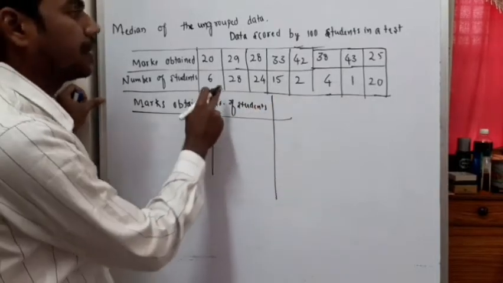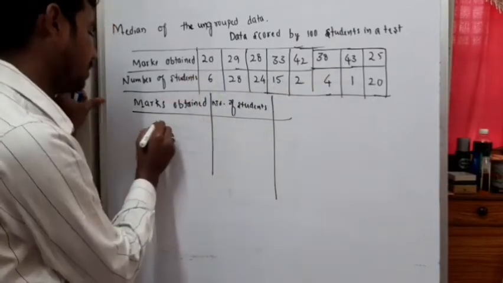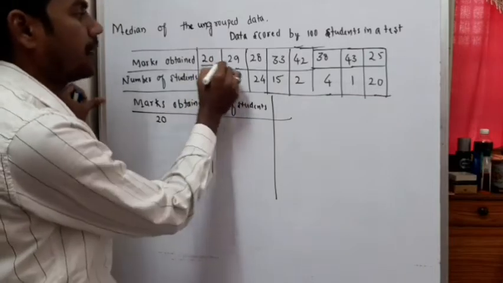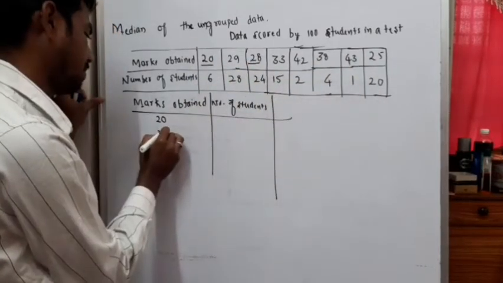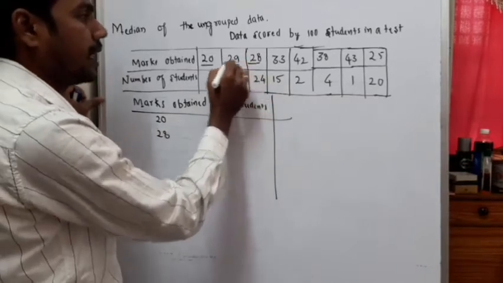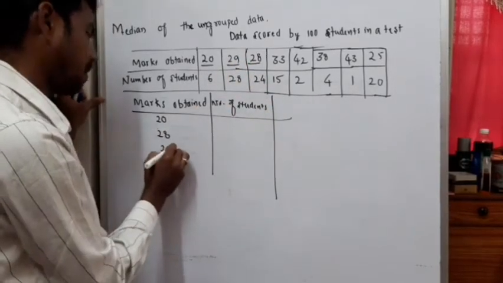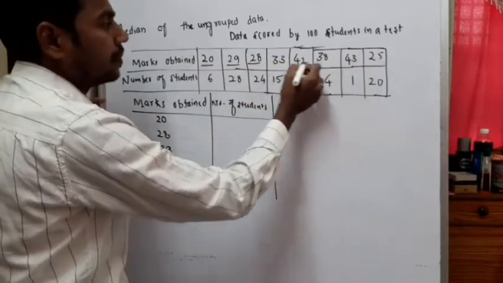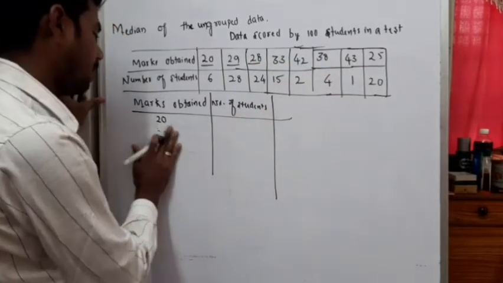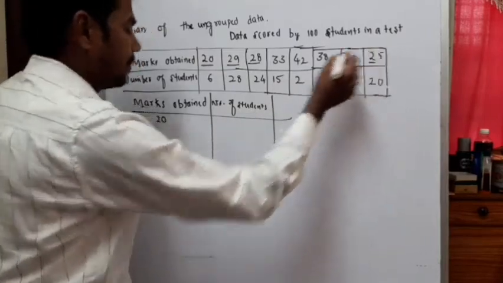So marks obtained, see, the least is 20, followed by 25, sorry, before 28, 25 is there.